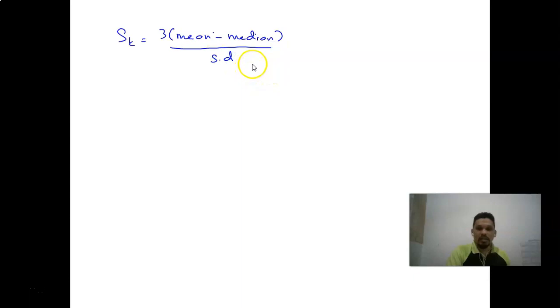Okay, then so we agreed that we're going to use the coefficient of skewness using 3 times mean minus median divided by standard deviation. Okay, let's refresh.